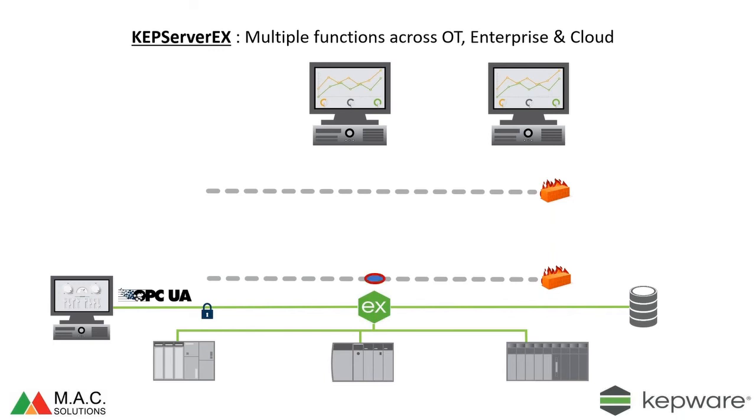You would then open a port inbound on the OT firewall and put a second copy of KEPServer above. That second copy of KEPServer is acting as an OPC client to the OPC server below, and then acting as an OPC server to the systems above on the IT network. So in 2 hops and 1 open firewall port, you've created a connection from the OT to IT just using the single product KEPServer.